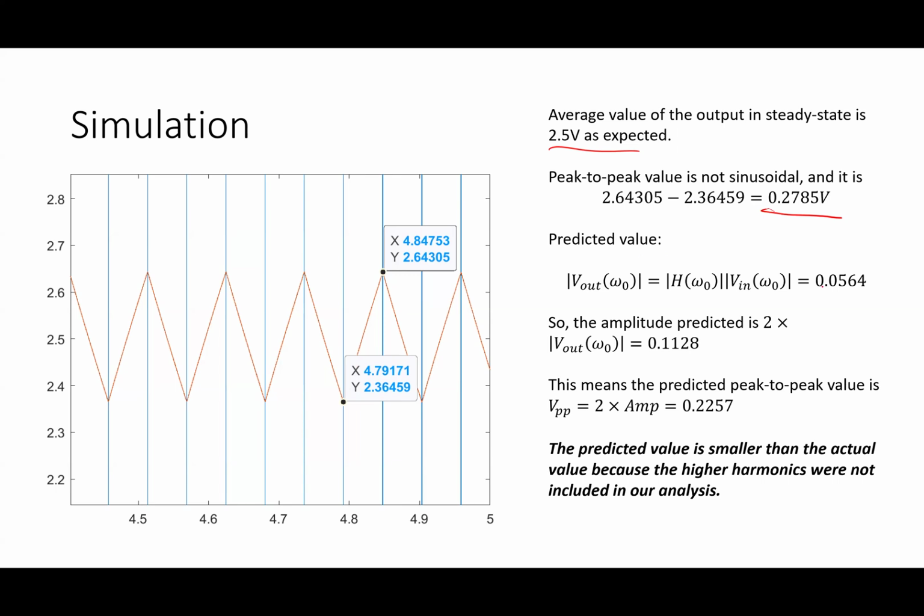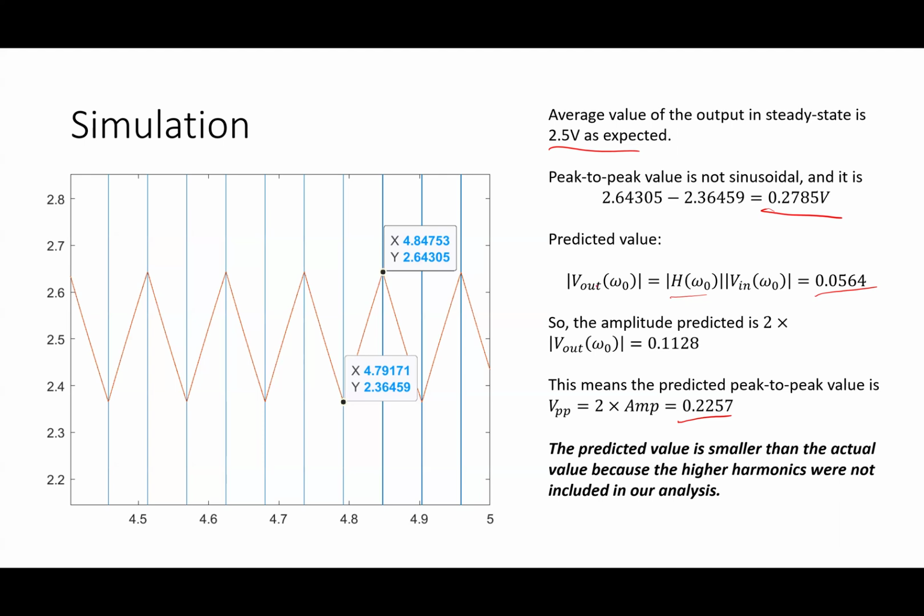If I go back and look at my predictions with the actual value of H of omega naught, it said the amplitude should have been 0.0564, so the peak to peak value would be 0.1128.